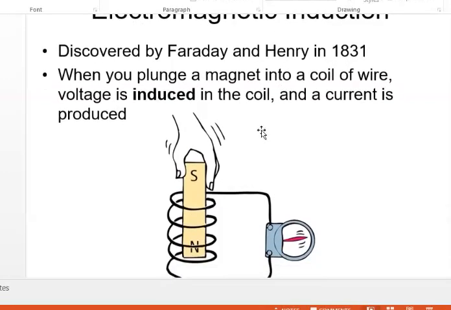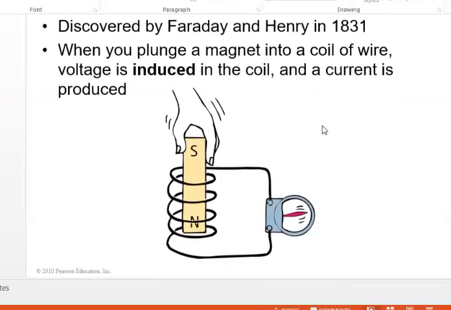You can do such activities even at home. When you plunge a magnet into a coil of wire, a voltage is induced in the coil and a current is produced. You see here, no battery is there, only the galvanometer and the coil, which is made up of insulated copper wire, and a bar magnet.